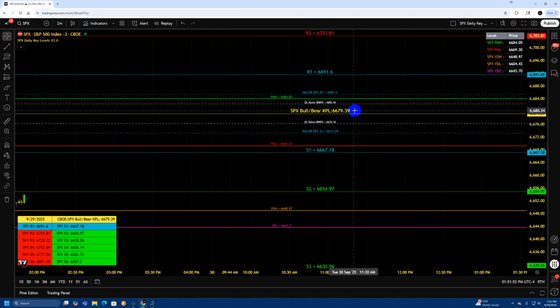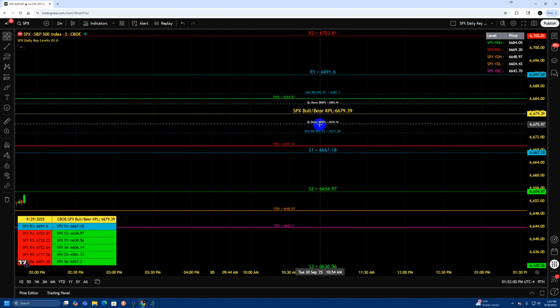As we've discussed in other videos, when you're taking a bullish trade off of the bull bear key price level, your tight stop loss is the QL below the BB-KPL, and your standard stop loss is the first midpoint below, which would be mid BB-KPL S1.